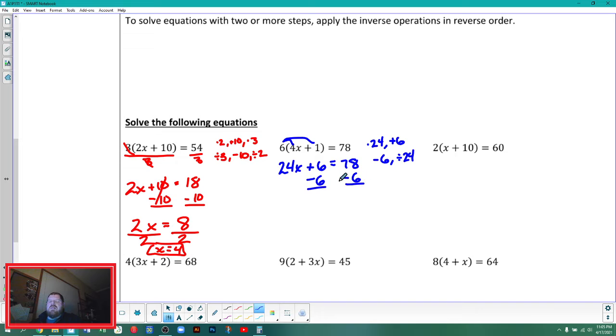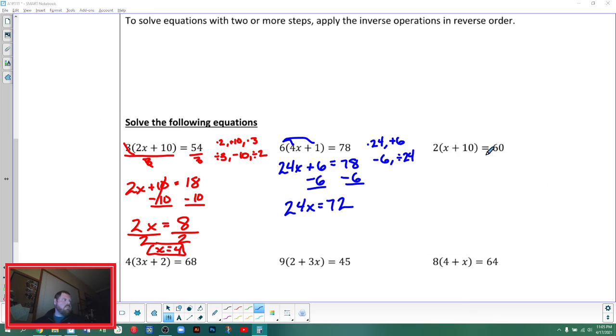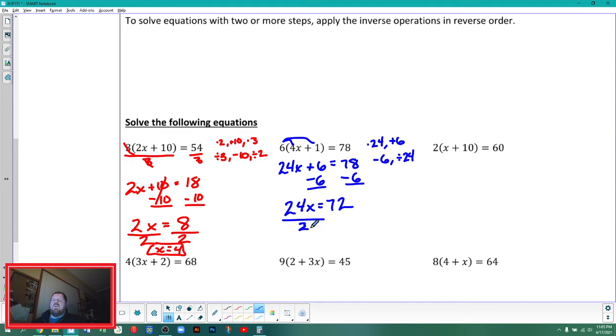Subtract 6. And we get 24x equals 72. And let me just check. That's what I thought on that too. Now we're going to divide by 24, and that ends up being 3.